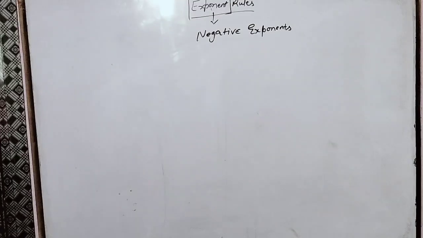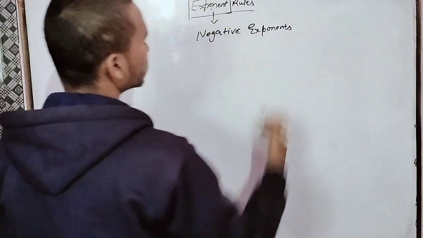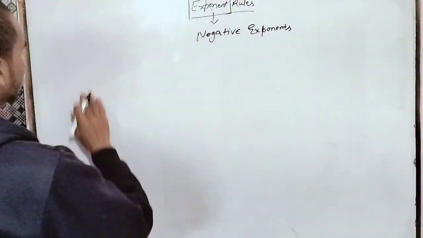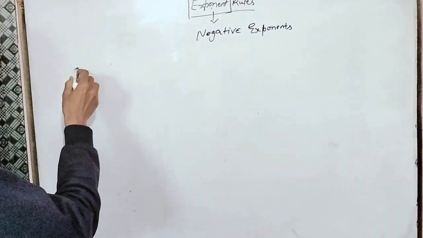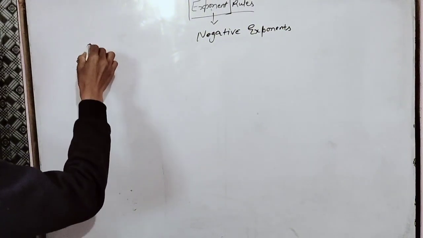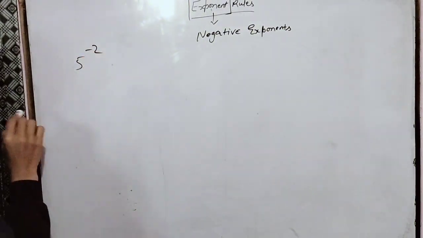Negative exponent. Before this, we saw the zero exponent. Now here you would say what about a negative exponent, so 5 to the power of something negative would be like that.